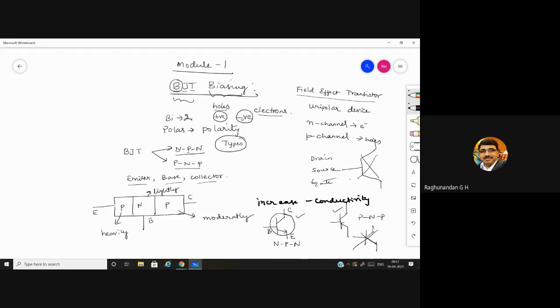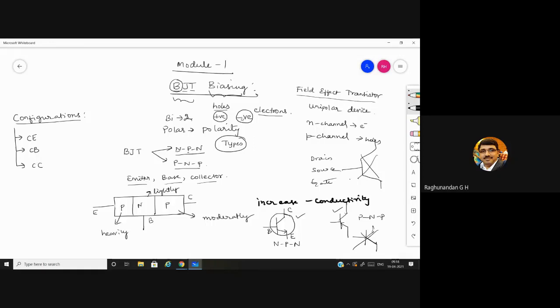There is one more thing, configurations. If they're asking what are the different configurations of BJT, then you need to tell common emitter, common base, common collector configuration.